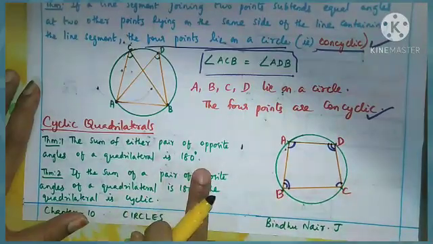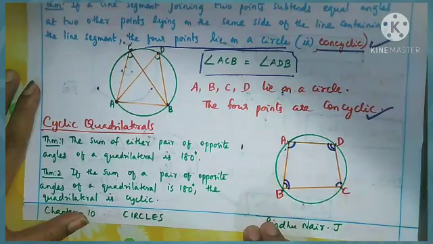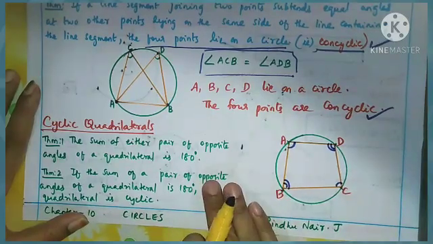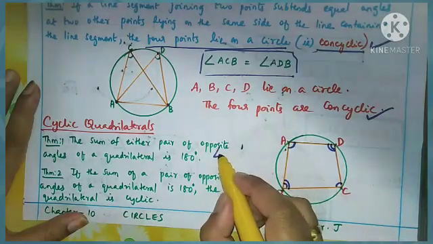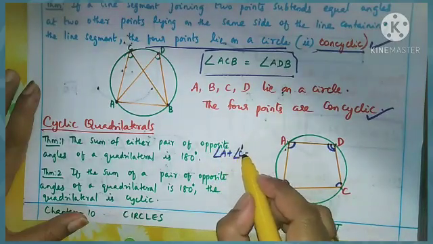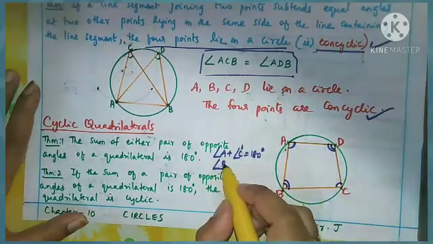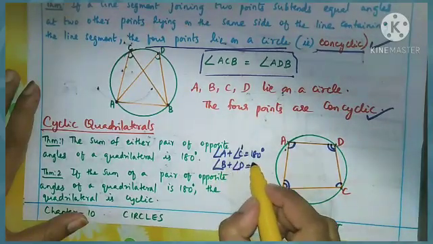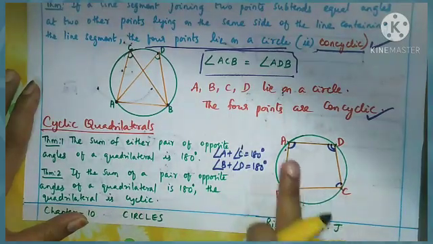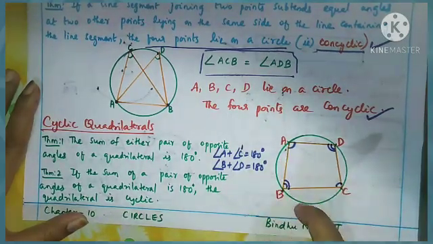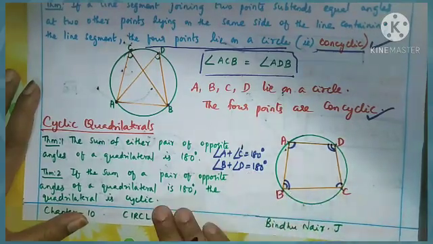So the sum of opposite angles in a cyclic quadrilateral is equal to 180 degrees. So we can say here, angle A plus angle C is 180 degrees. Similarly, angle B plus angle D is also 180 degrees. Okay, so the sum of either pair of opposite angles of a cyclic quadrilateral is always 180 degrees.